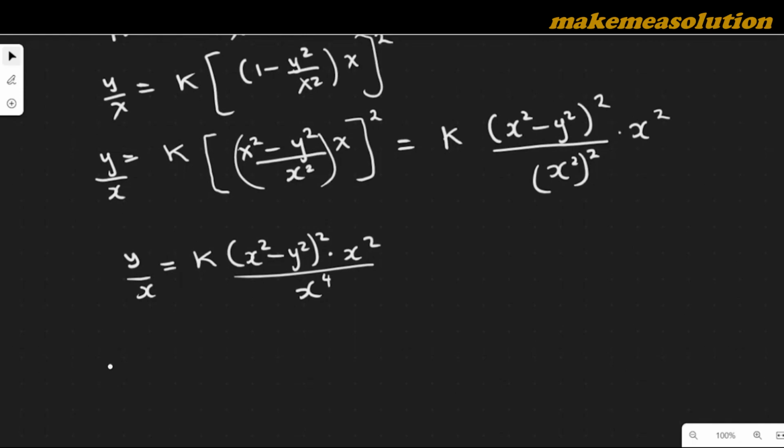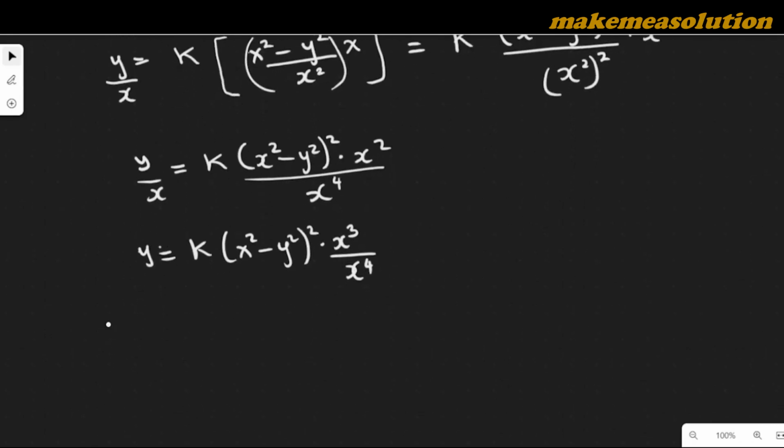Under all natural circumstances, we now have y is equal to k times x squared minus y squared all squared, and we now have x cubed over x raised to the power of 4, and this is going to be equal to k x squared minus y squared all squared times 1 over x, like this.